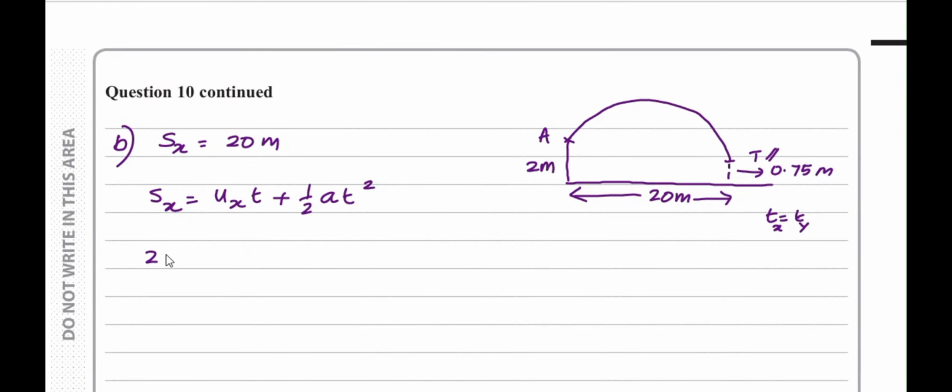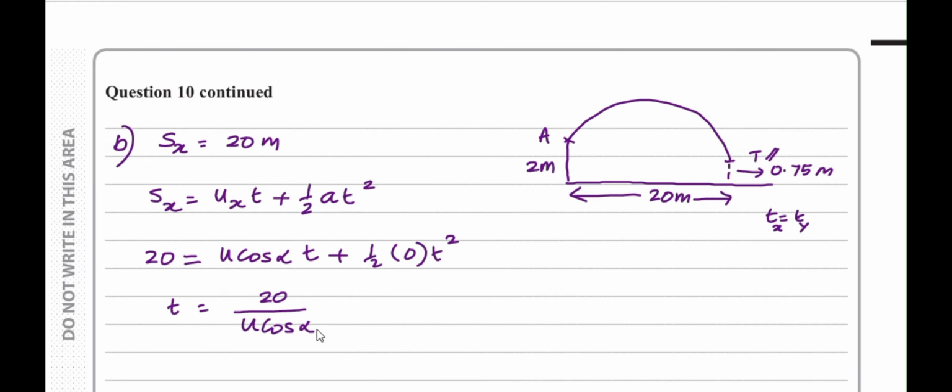Therefore, 20 is equal to the horizontal component of the velocity, u cos alpha, times t, plus half at squared, which will be 0 because the horizontal acceleration is 0 after it is projected. Therefore, t equals 20 divided by u cos alpha. Let's park it there.